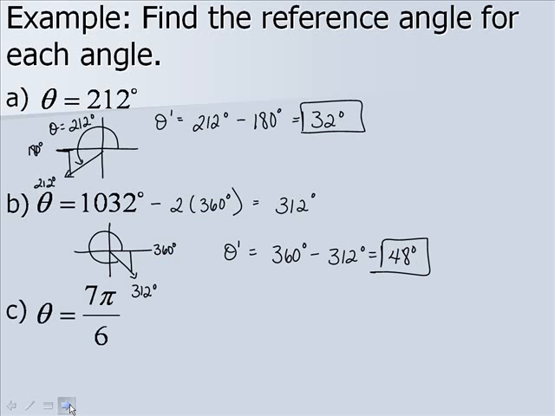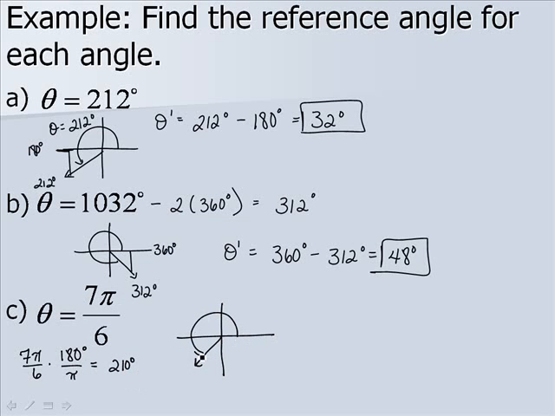Now let's find the reference angle using radians of 7 pi over 6. If we convert this to degrees, we multiply by 180 over pi, and we end up with a value of 210 degrees. You're welcome to do this conversion if you're not sure which quadrant the radian measure will be in. So we know that 210 degrees has its terminal side in quadrant 3.